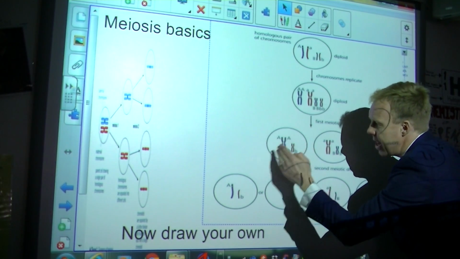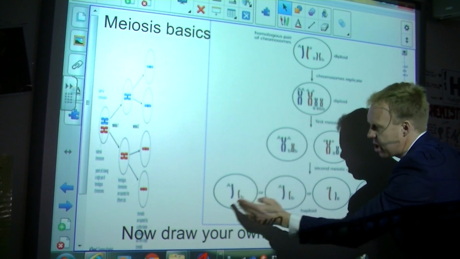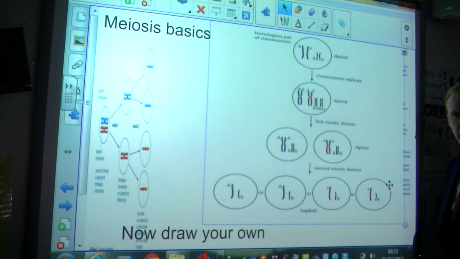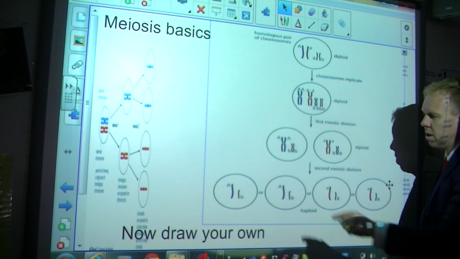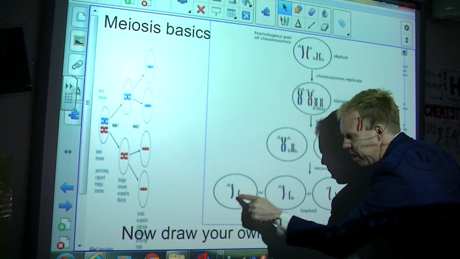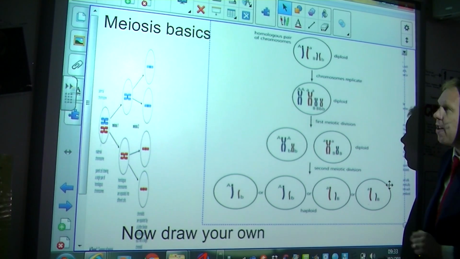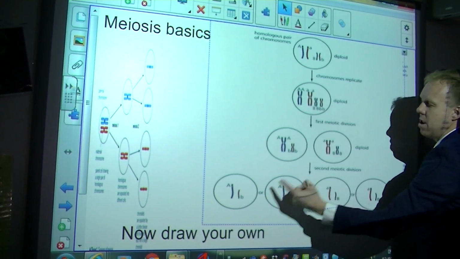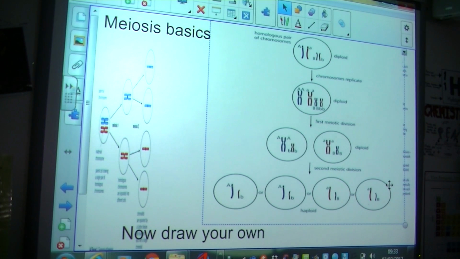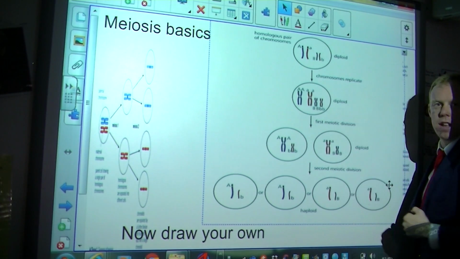We simply separate each of the sister chromatids out, which gives us a daughter cell that has half the original genetic information of the parent cell.